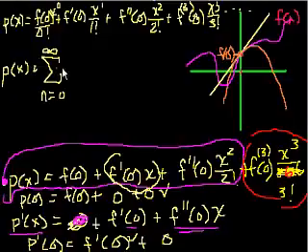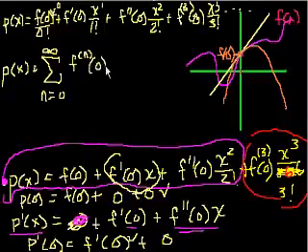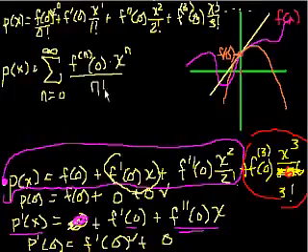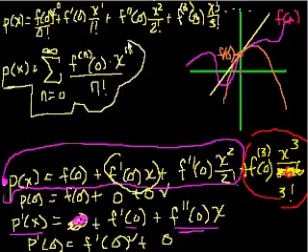Well, it's going to be the nth derivative of f evaluated at 0, times x to the n over n factorial. This is the Maclaurin series, and we'll later learn that the Maclaurin series is a specific example of the Taylor series, which is a specific example of a power series.